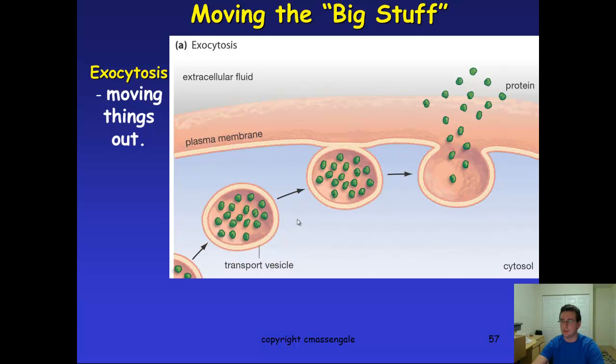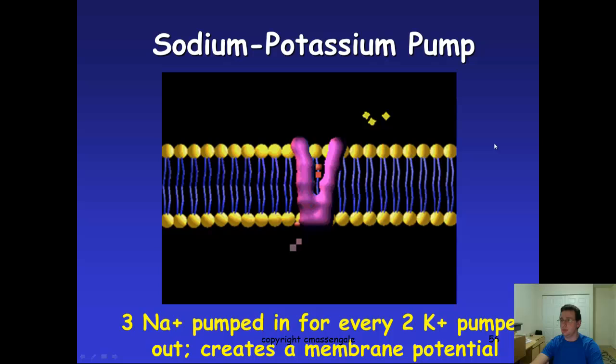Another example of active transport that I want to talk about before I talk about moving the big stuff is an example of cotransport. Now, one way to do this without spending too much ATP is, let's say, for example, I have a lot of certain things outside the cell, and they are going naturally this way, right, because of diffusion.